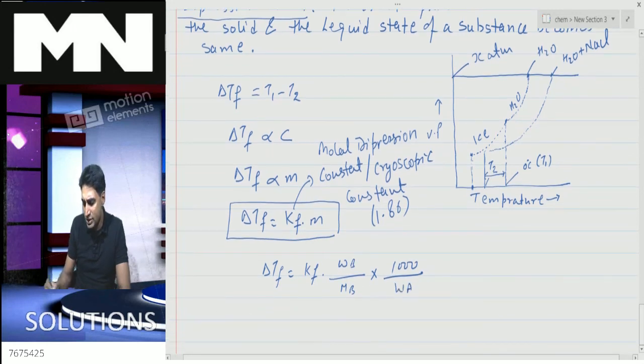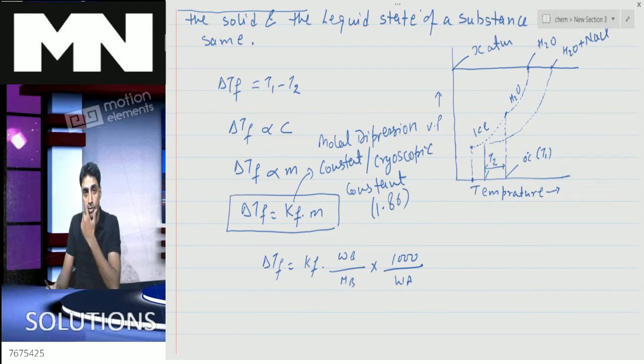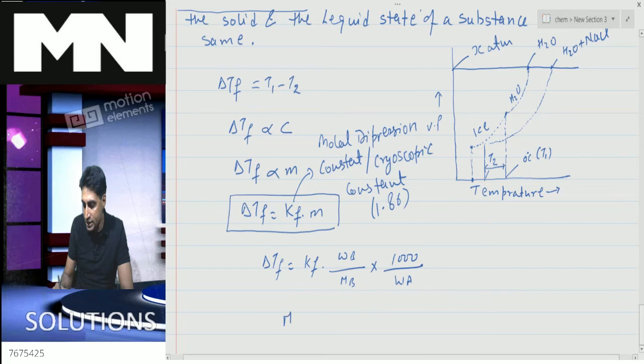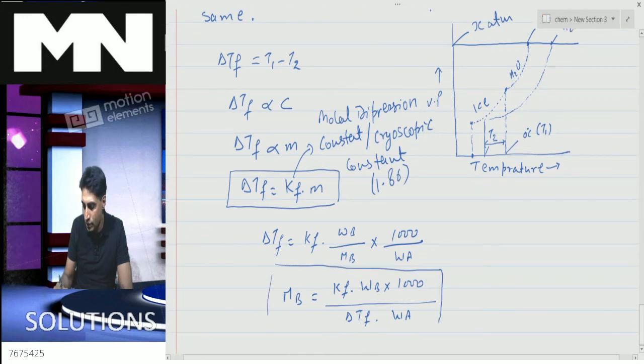Because this colligative property is used for calculating the molar mass of an unknown solute, I can say that molar mass of solute is equal to Kf into weight of solute into 1000 upon delta TF into WA. So this formula can be used for calculating the molar mass of an unknown solute through depression in freezing point.